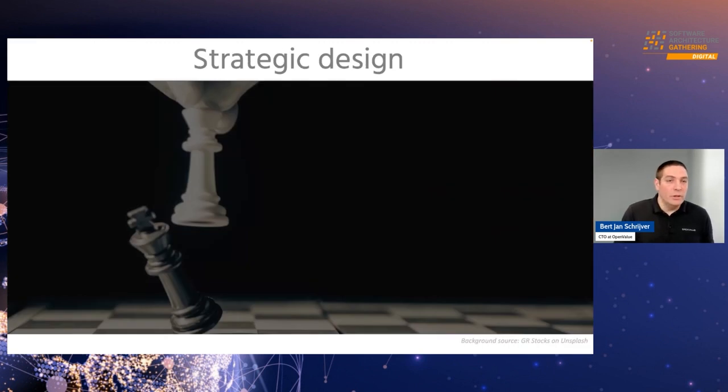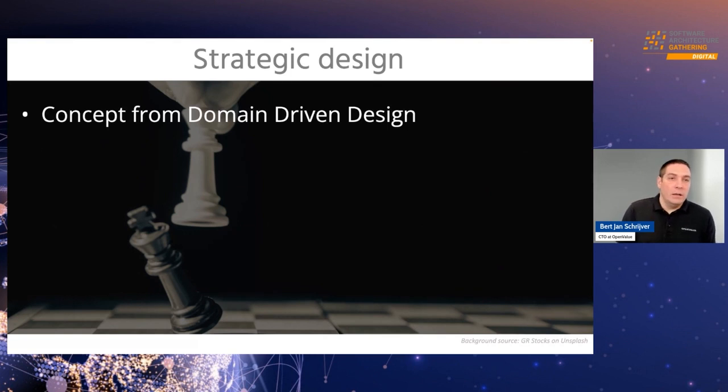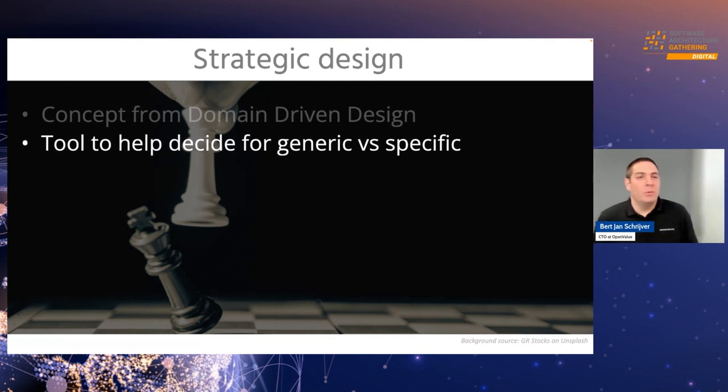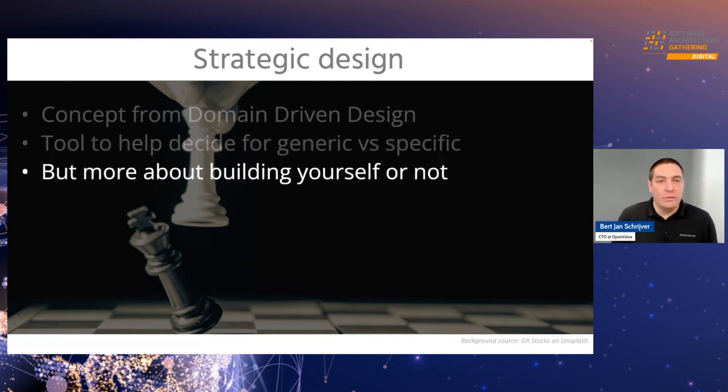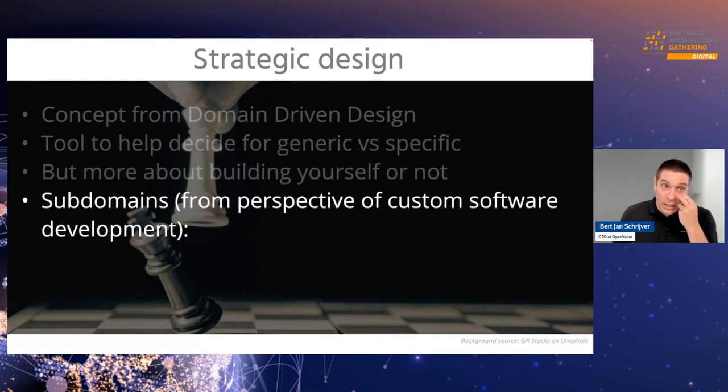So another tool you can use to help is strategic design. Strategic design is a concept from domain-driven design, and it's a tool to help you decide for generic or specific. But I think it's more about building something yourself or not. So strategic design identifies 3 subdomains from the perspective of custom software development.